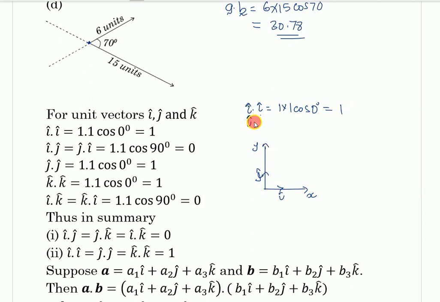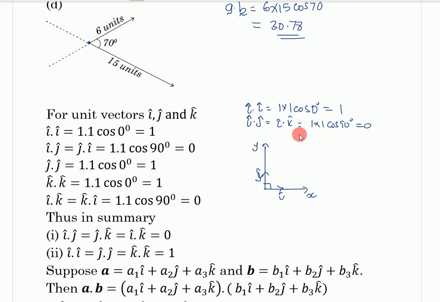When I have I dot J, I get the same answer as when I get I dot K. That will be the unit vector for I, 1, times the unit vector for any other vector, 1, times the cosine of 90 degrees, because for I and J, the angle between them is 90. So you have the unit magnitudes 1 times 1, then cosine of 90 equal to 0.